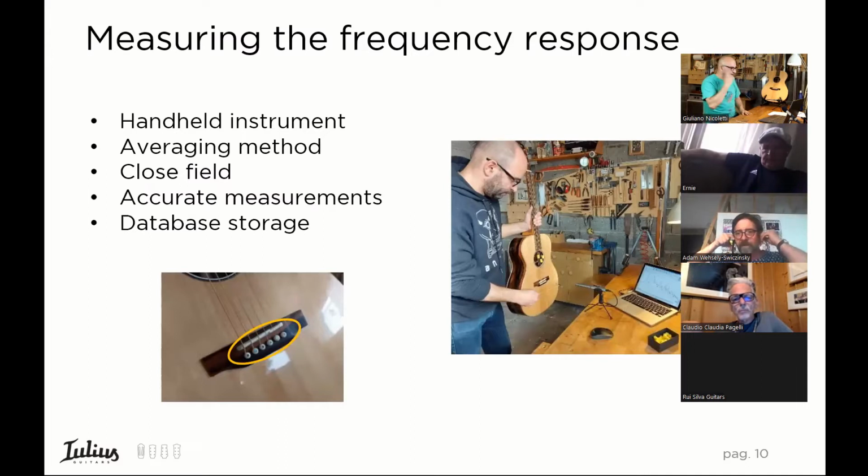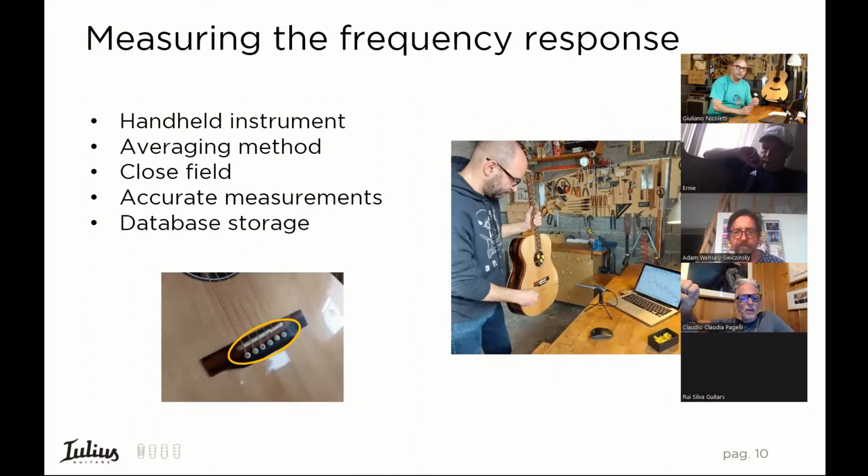So in the picture, you see the method that we suggest. You just handle the guitar from the neck, and the microphone is 25 centimeters, so very close to the source, so to the soundboard. And the method is based on averaging. In fact, we take several measurements. It's not just one touch.